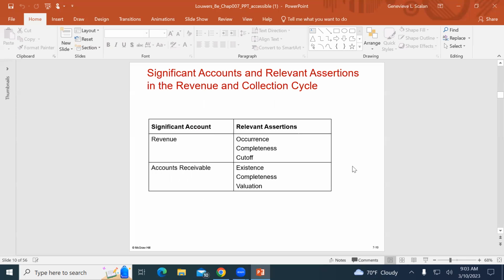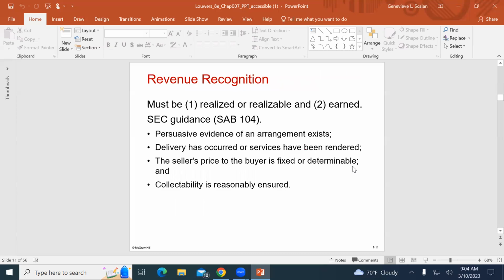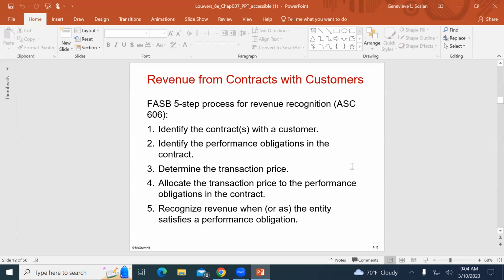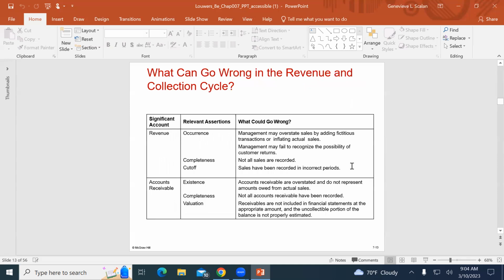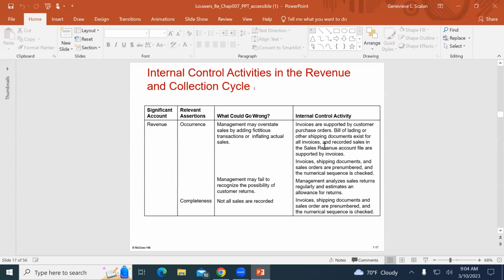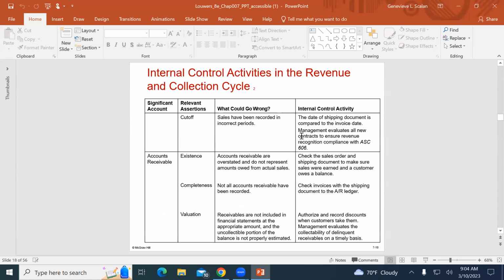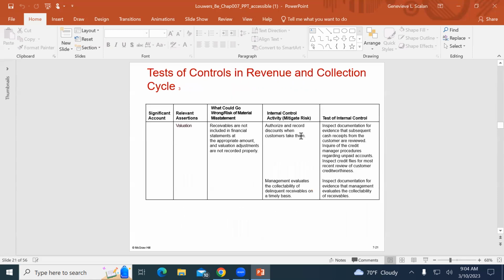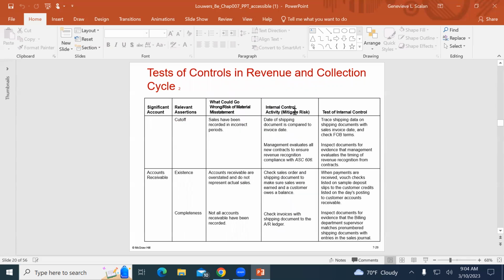So we got to pay attention to all the accounts. Revenue recognition, the big inherent risk in this cycle. We talked about revenue recognition issues. We talked about obviously understanding the controls. And we have decided that we're going to test controls, right?